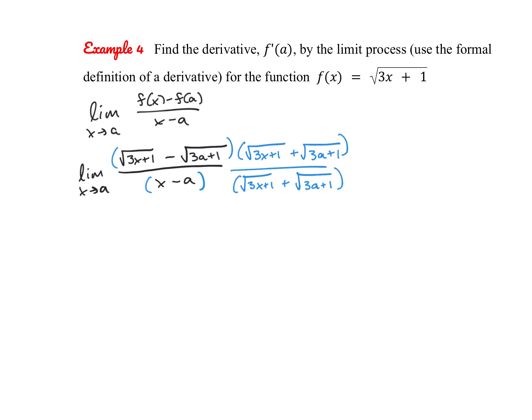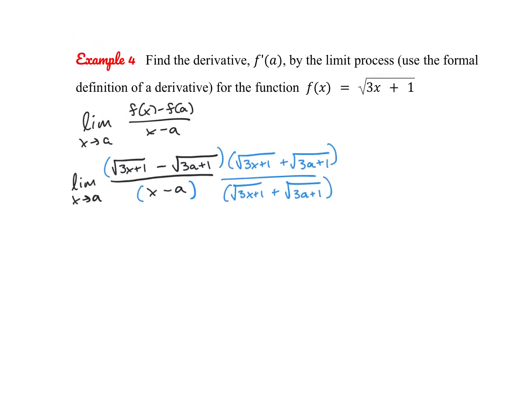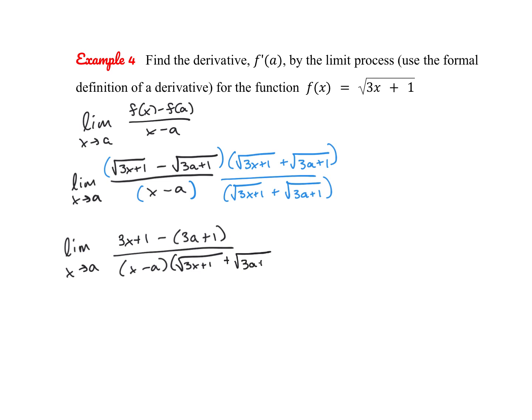And I know this looks really ugly, but it will actually simplify out pretty quickly. So our limit as x approaches a, if we multiply out our numerator, our first term times our first term just gives us 3x plus 1. And then our second term times our second term, or our last times our last, so we have minus 3a plus 1 all over x minus a times the square root of 3x plus 1 plus the square root of 3a plus 1.